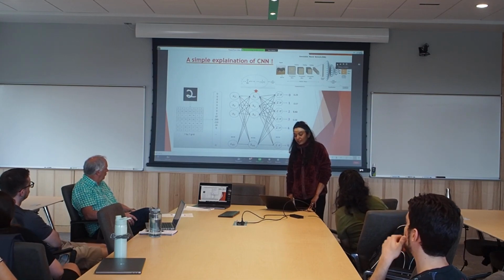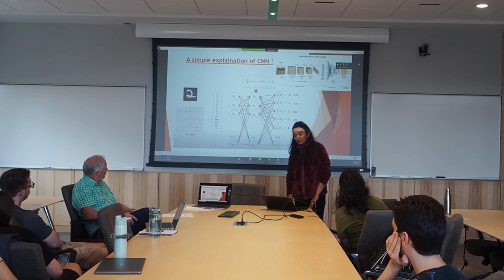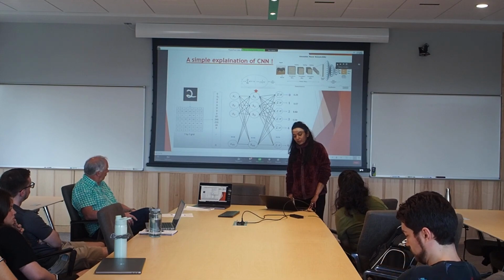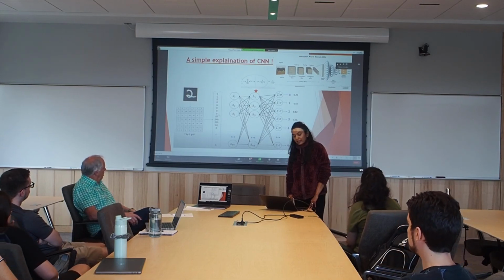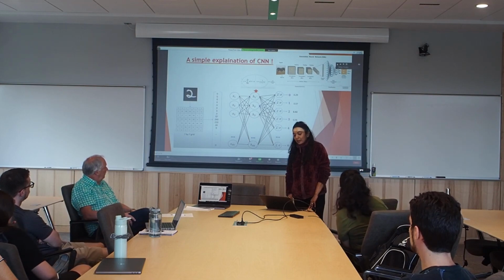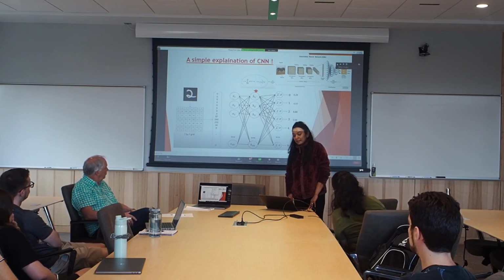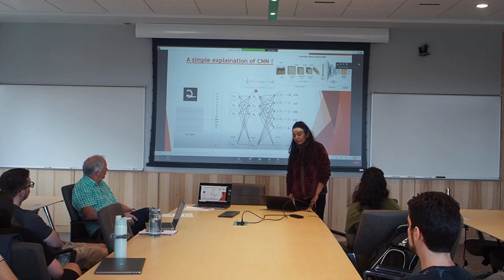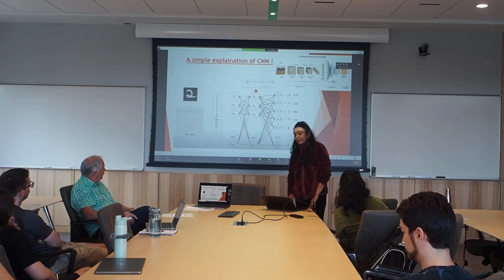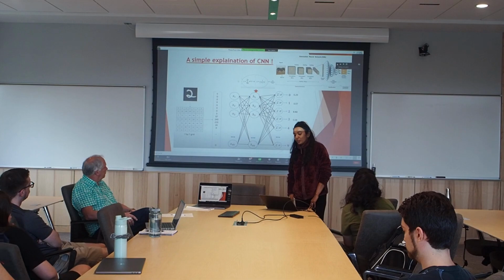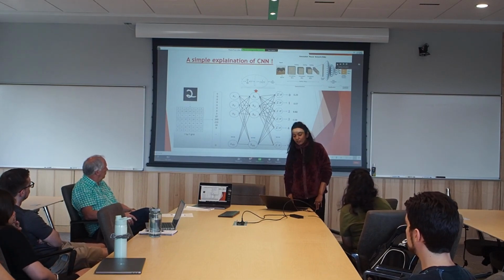For example, for the first one, the weight would be 0 because it's a 0. Second one, the weight would be 0 because we don't have any information there, it's black. Then when it comes down, we have some numbers here, it takes some weights. So it multiplies these inputs with certain weights, and it's a very simple linear equation, we know the equation of a line: y equals mx plus b, and that is what it is doing.